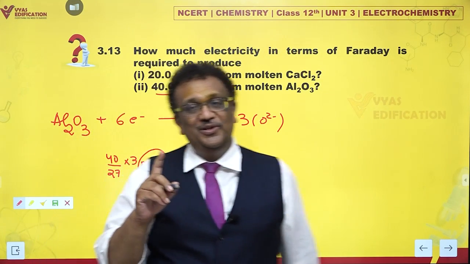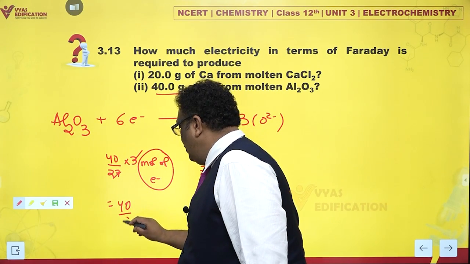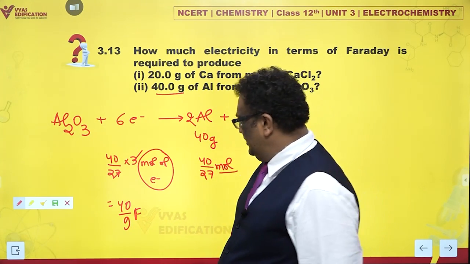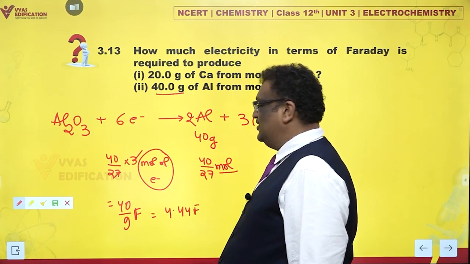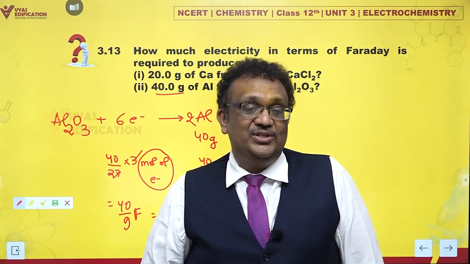And 1 mole of electron is 1 Faraday here. So this is 40 upon 9 Faraday. Just divide that. I think this is 4.44 Faradays. So 4.44 Faradays of charge is required in the second case.